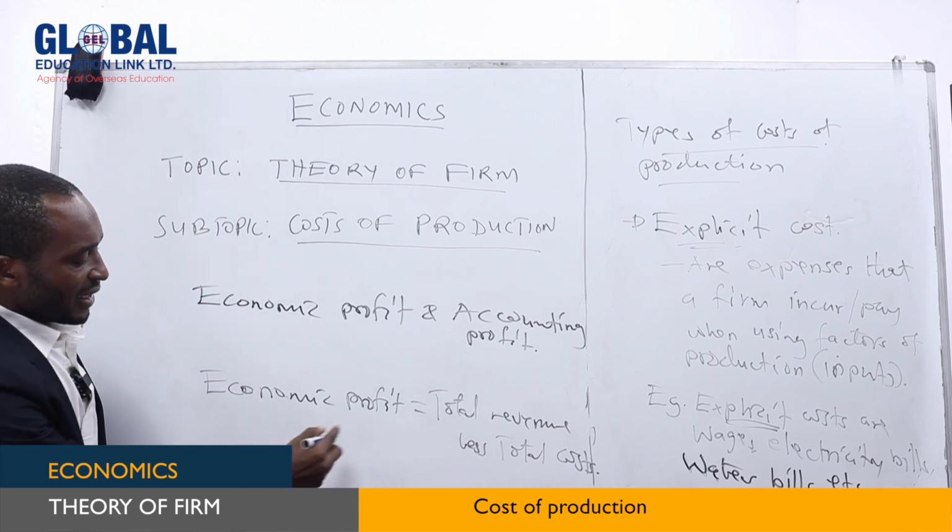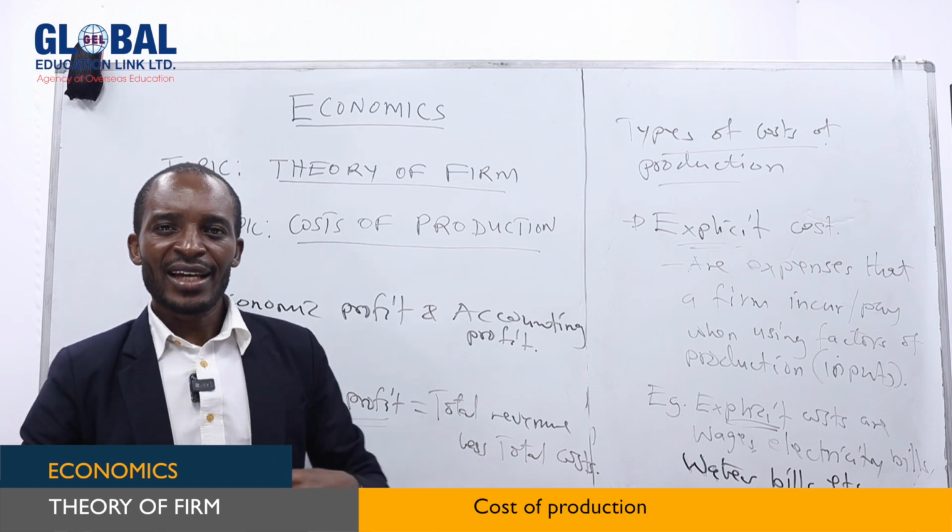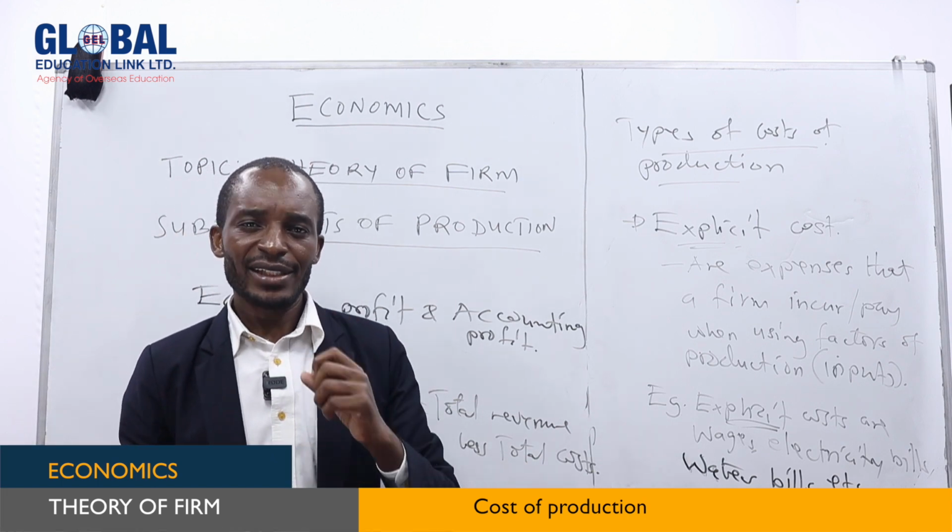Now, under economic profit, the total cost will include implicit cost and explicit cost.